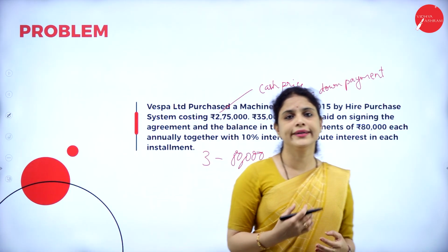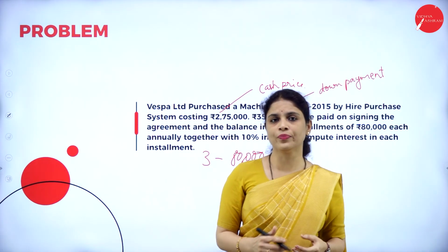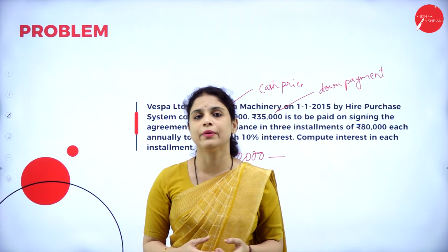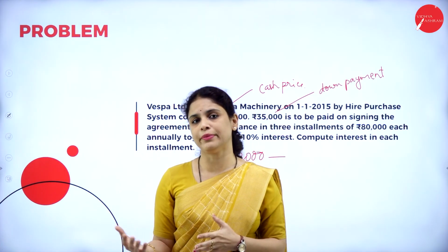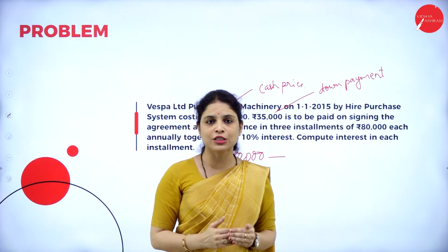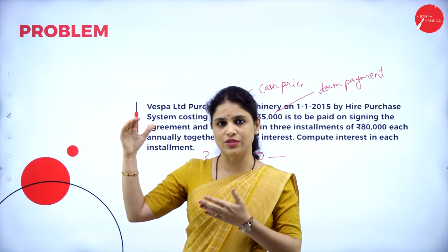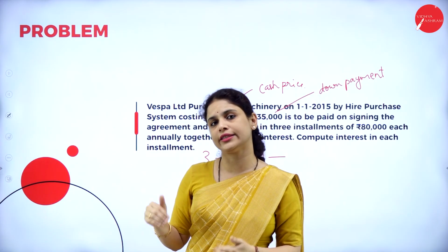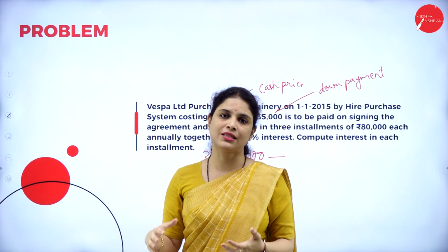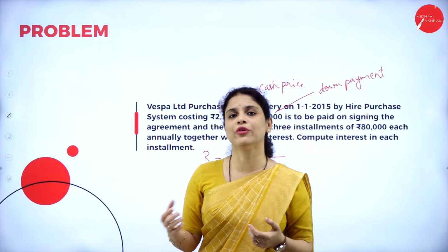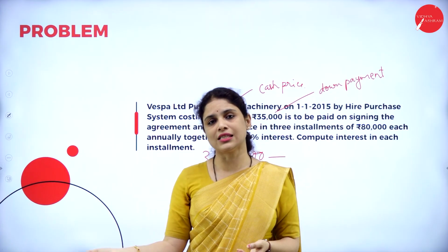So here, what did they say? They told us to calculate the interest. So while solving the problem on hire purchase system, we should see whether the cash price is given or hire purchase price is given. If cash price is given, then we have to start with the first year. That is, first we will take the first year, second year and third year. And whenever hire purchase price is given and we have to calculate the cash price, then we have to start from the last year.